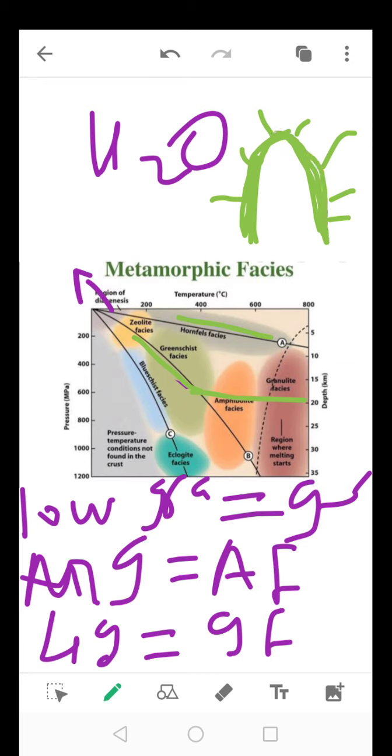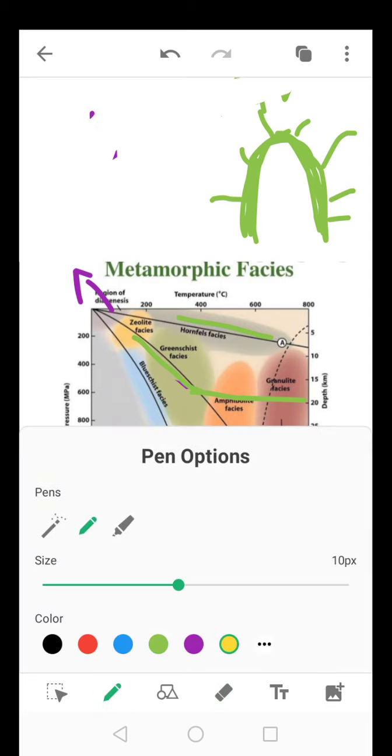And obviously these rocks, if they were sedimentary rocks, let's say the rocks around this were limestone. I will draw it nicely so that you can understand.